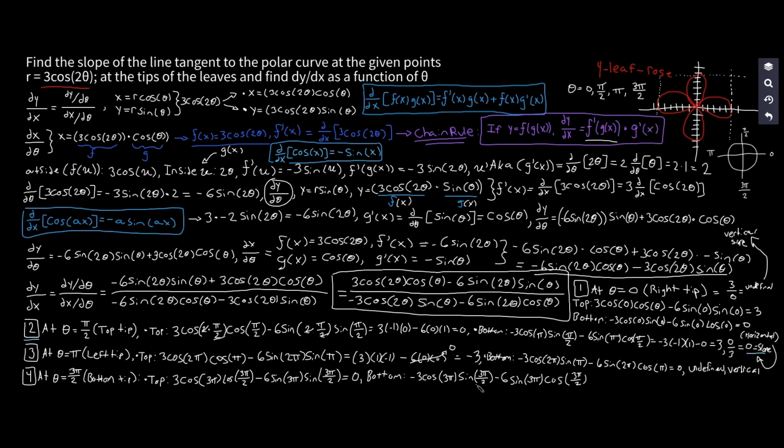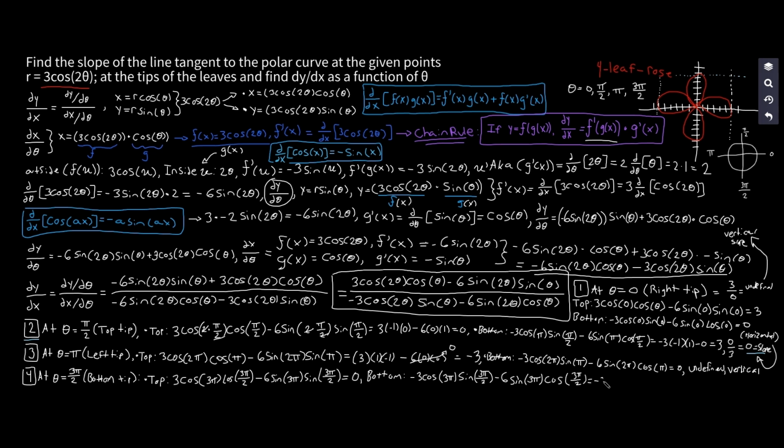Wait, what is going on with this? Sine of 3 pi is 0. 0 times anything is going to be 0. Okay, so it's actually going to be -3 times -1 times -1 minus 0.